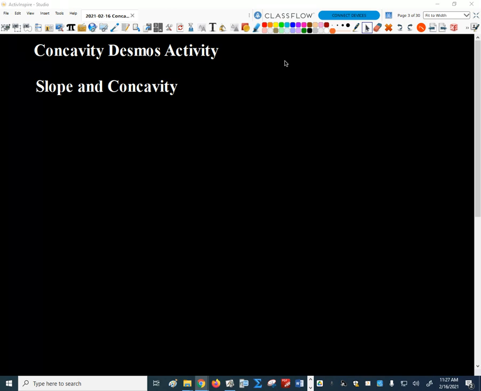Positive to negative and negative to positive, right? Okay, now remember when we had transitions in slope, there were two different varieties. We had sharp corners, right? We could have peaks that were sharp peaks and valleys that were sharp valleys, or we could have smooth peaks and valleys, depending on whether the first derivative was undefined or equal to 0.